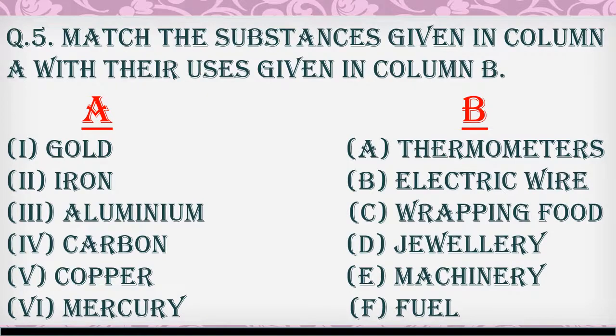Question number 5. Match the substances given in column A with their uses given in column B. Column A. Gold, iron, aluminium, carbon, copper, mercury. Column B. Thermometers, electric wire, wrapping food, jewelry, machinery, fuel.